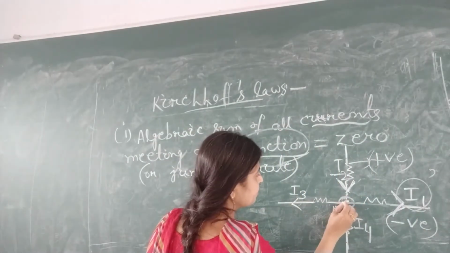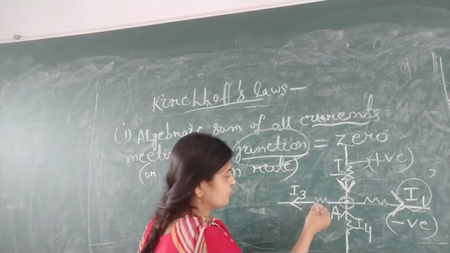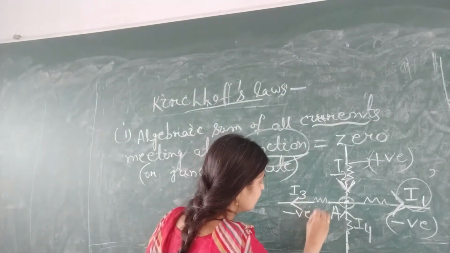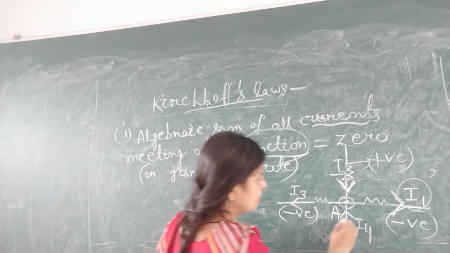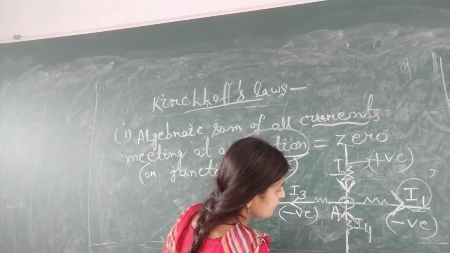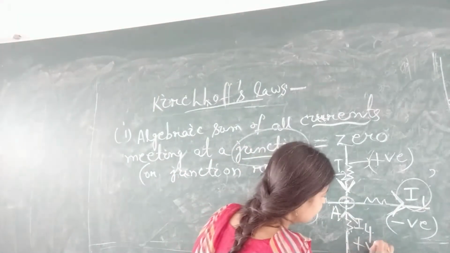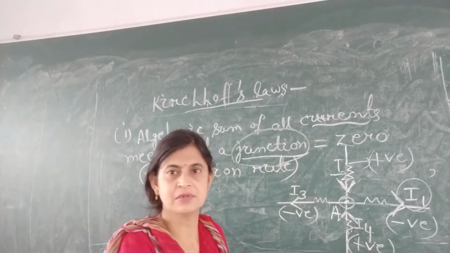Similarly, I3. The direction of I3 is away from the junction. So, I3 will also be marked as negative. Last, that is your I4. What is the direction of I4? I4 is towards the junction. So, I4 will be positive.